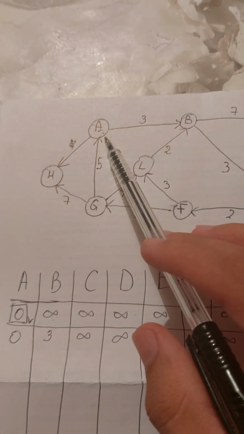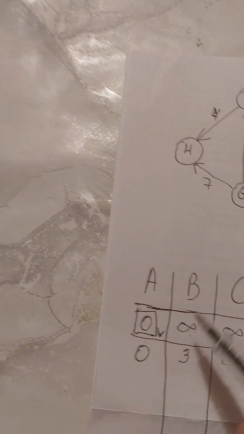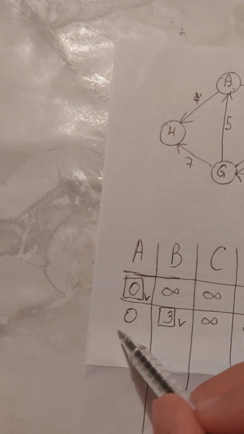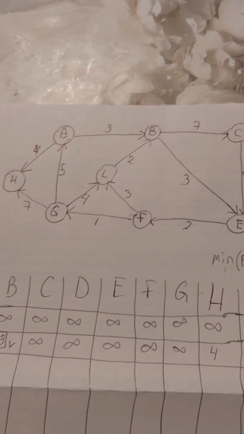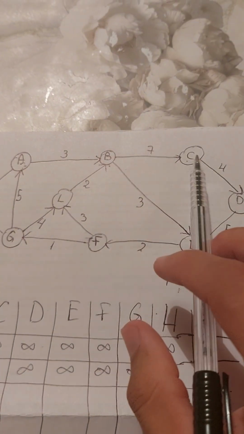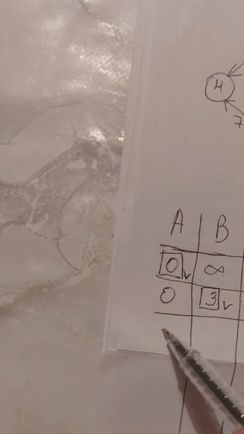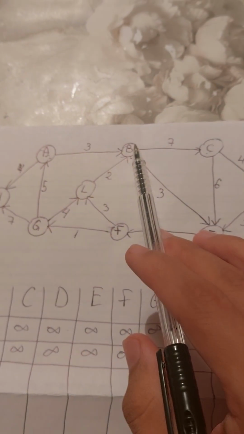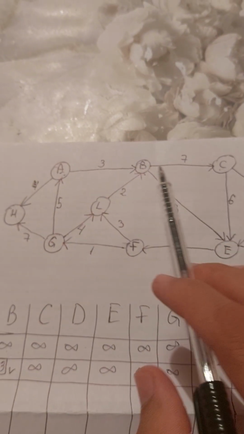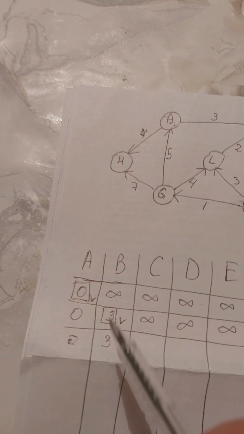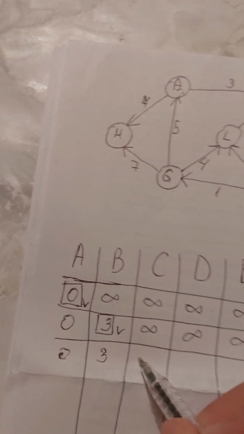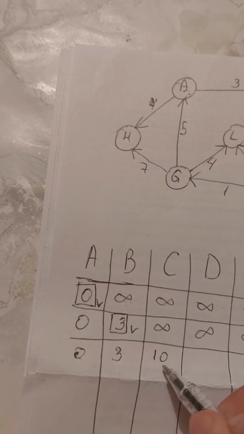Let's check from B, and here our previous label is going to be 3. From B we have a path to C, so here we keep 0, 3, and from B to C the actual weight is 7, but the previous label is 3, so 3 plus 7 is 10. 10 is less than infinite, so here we write 10.